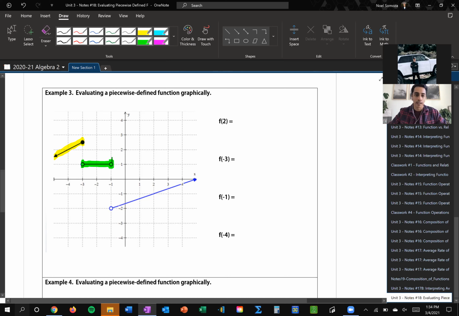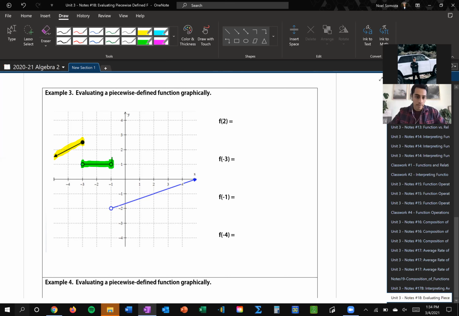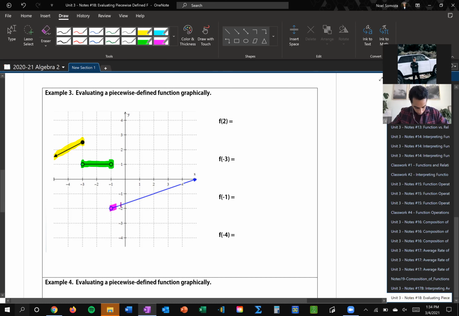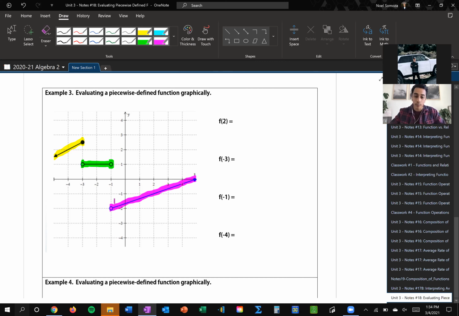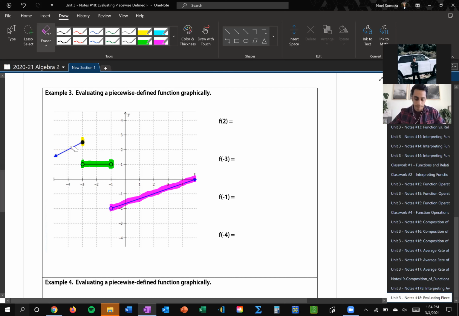So that one has holes, but it's constant between -3 and -1. And then finally, you end up with a function that also appears to be linear, a straight line, but is not defined at -1 either. So we're going to look at the input and try to find the output by just analyzing the graph. We did this similarly at the beginning of this unit. Now we're revisiting, but using piecewise.